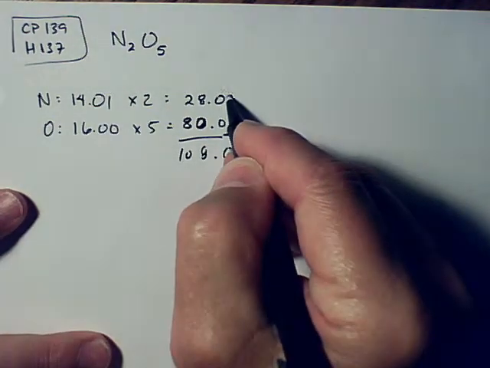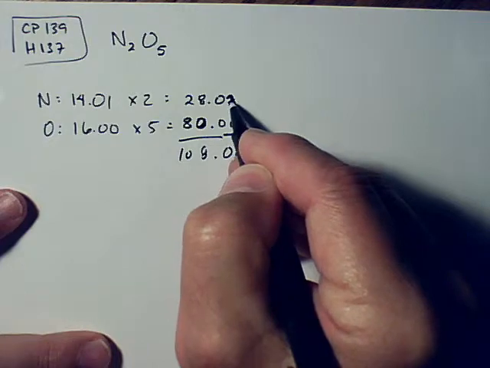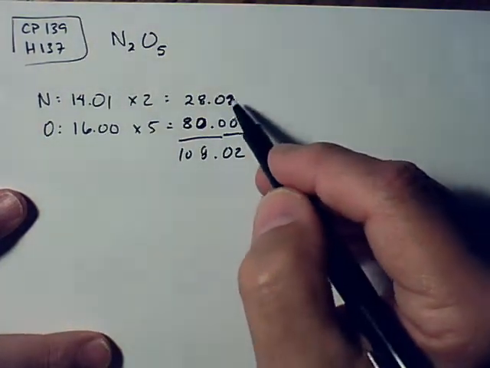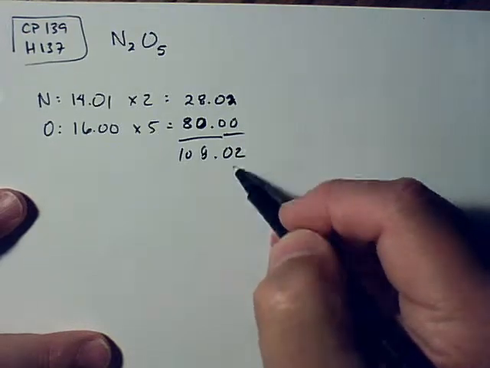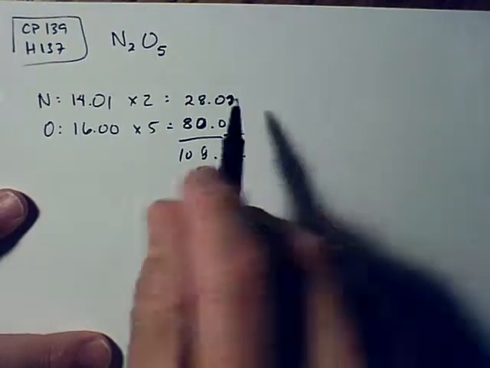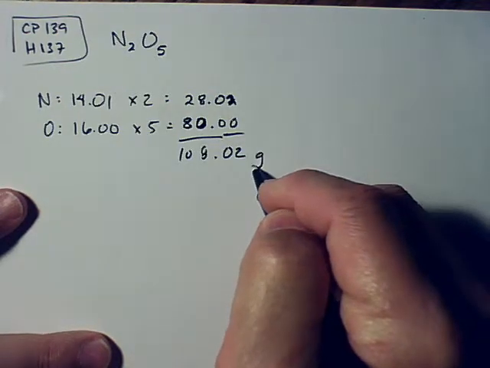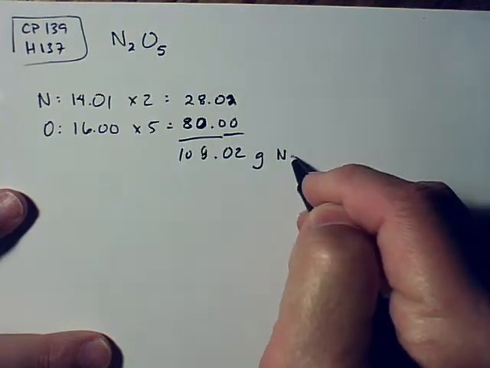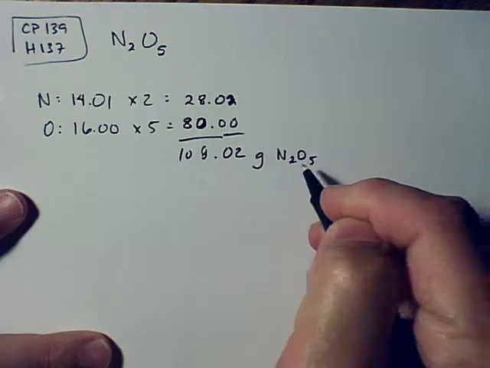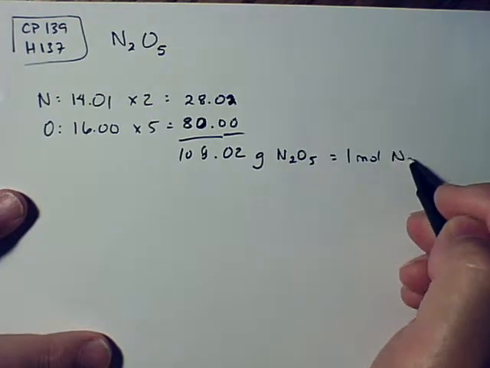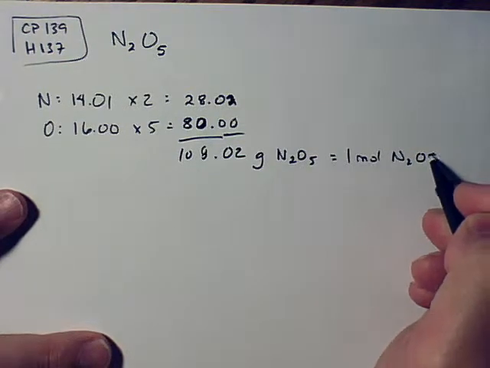Now the way we've done this using the honors references, there's no rounding off to be done. When you don't have any empty slots to the right, in addition, there's no reason to round off any digits. What we have to do, though, is to write out our units of measurement. So these are the grams of N2O5 that equals 1 mole of N2O5.